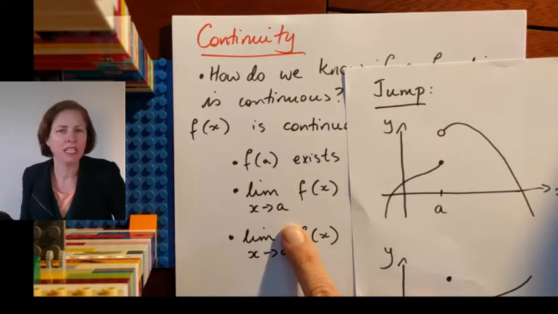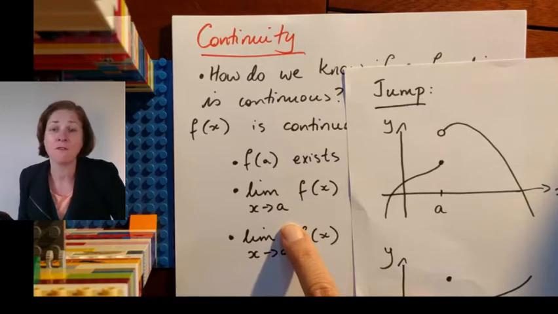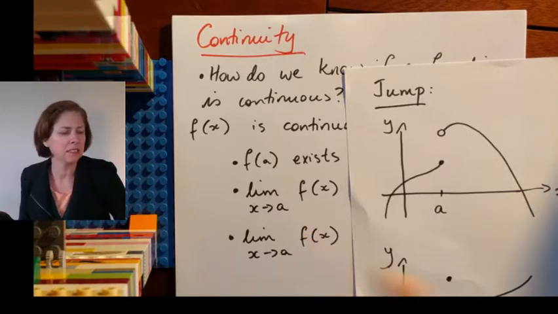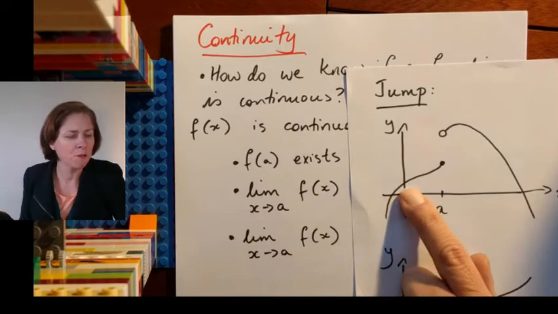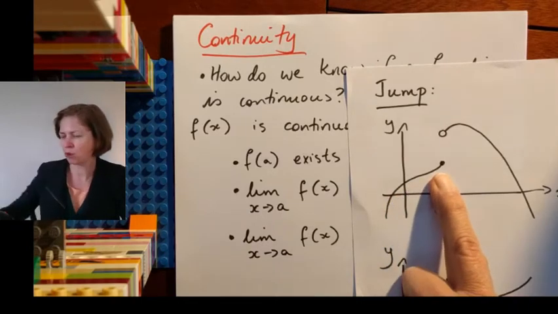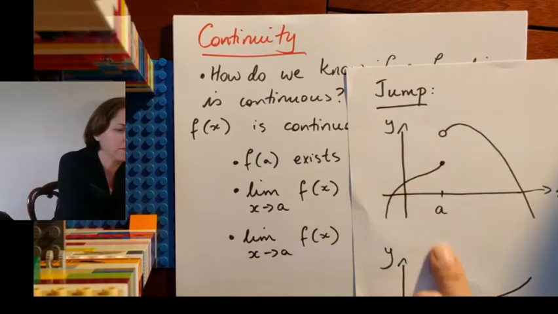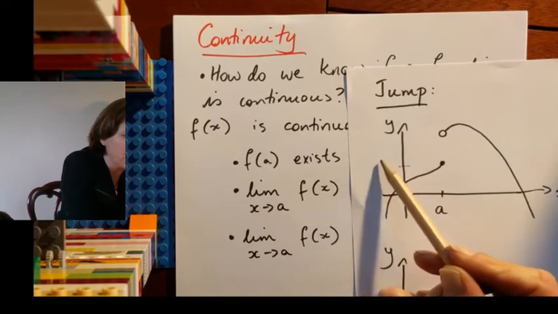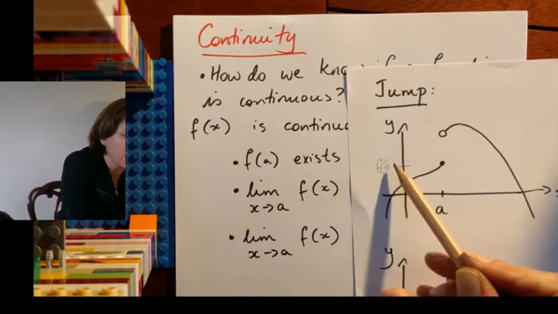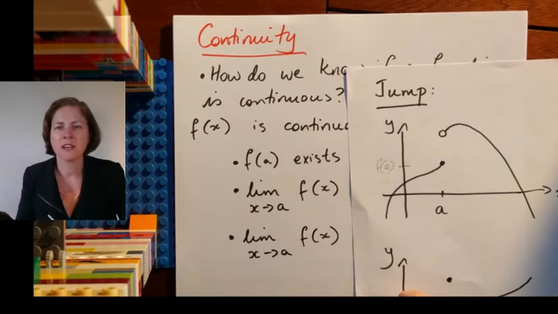So what about the limit as x approaches a of f of x? Does that exist? Well, as I approach a from the left, I am approaching this value of f of x. In fact, this value here is f of a.